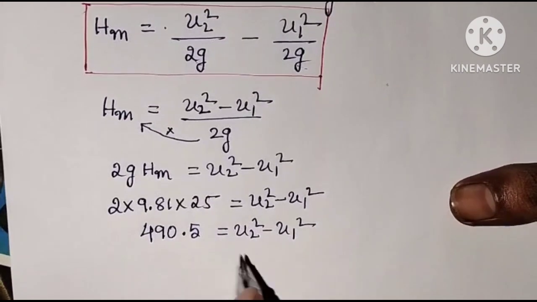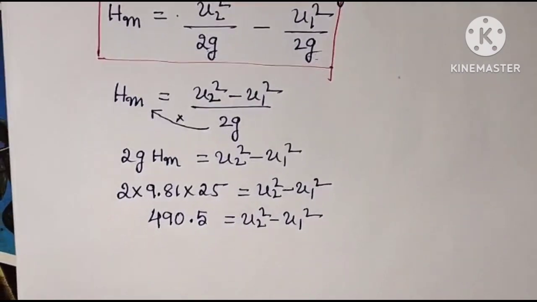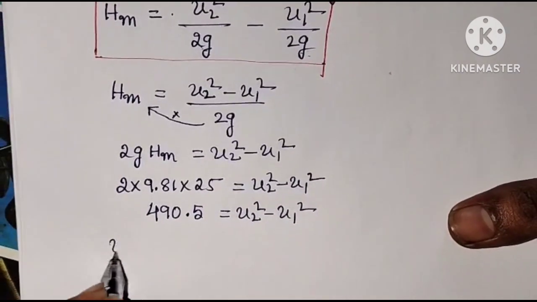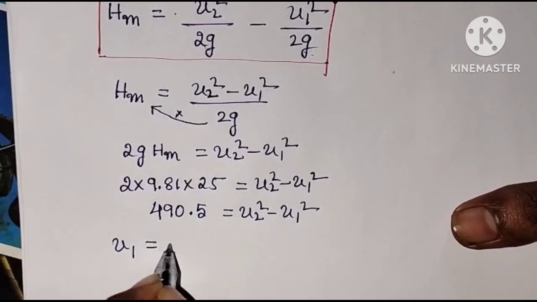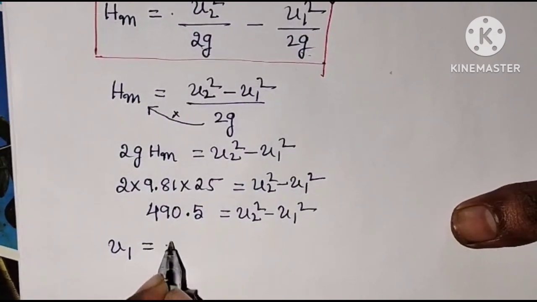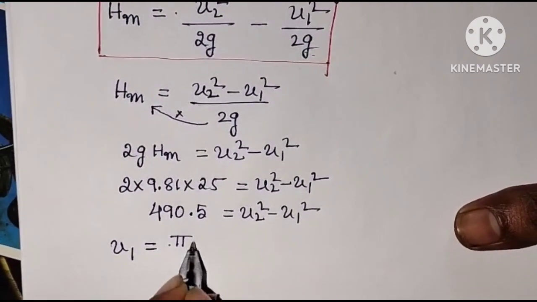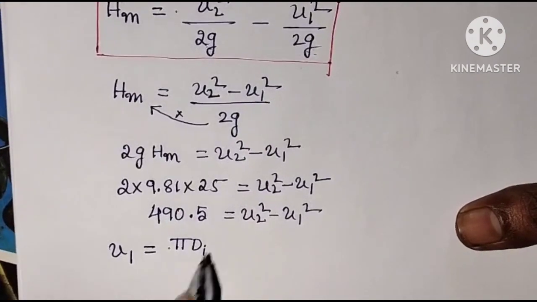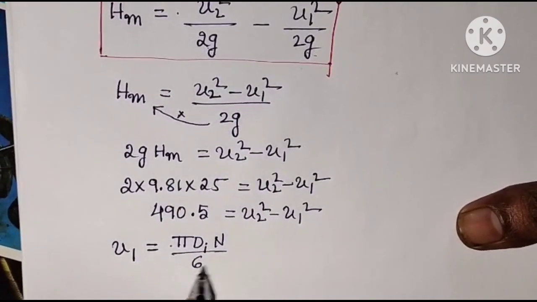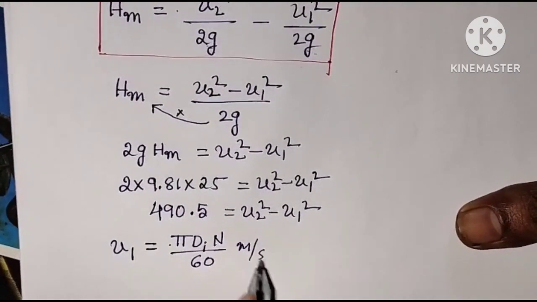Now, in this formula, what is U1 and what is U2? U1 is the tangential velocity at inlet, given by pi Di N by 60 meters per second.